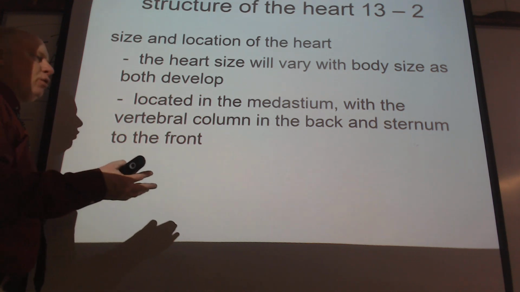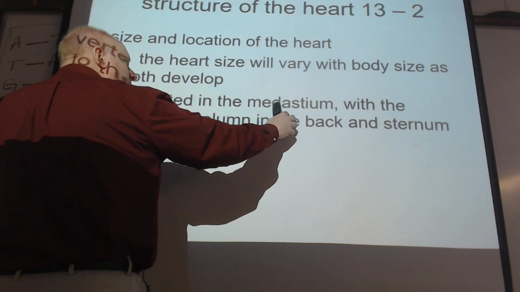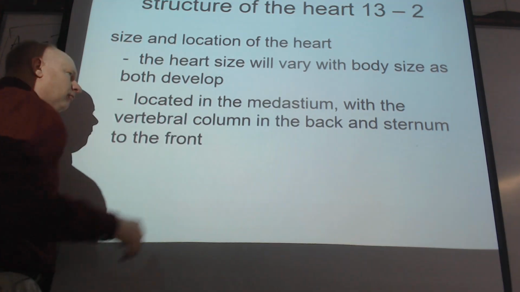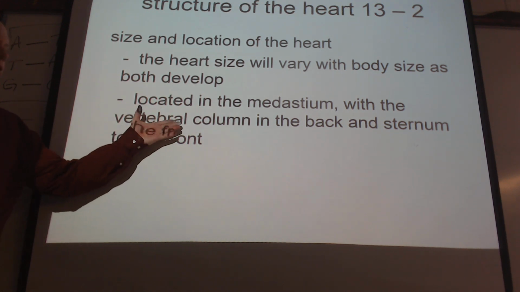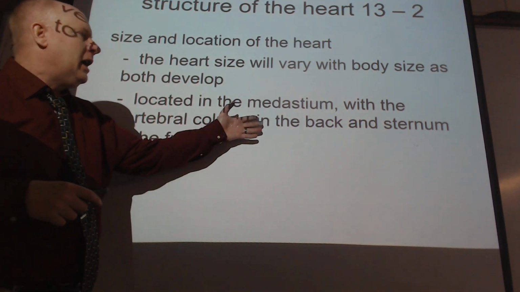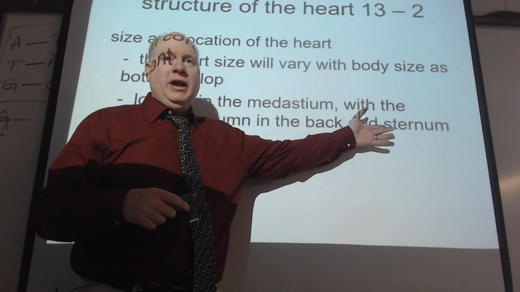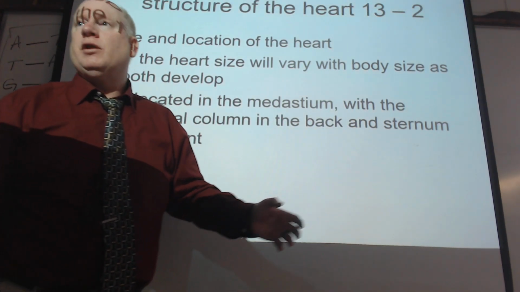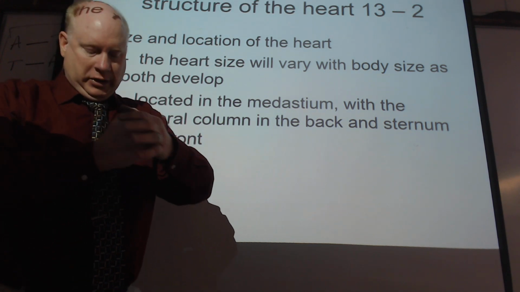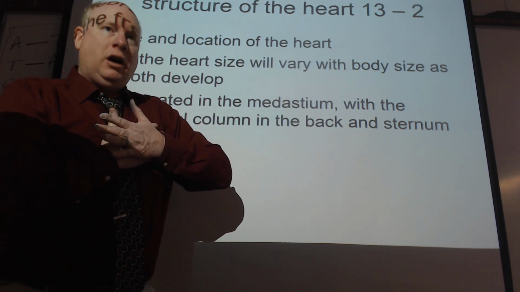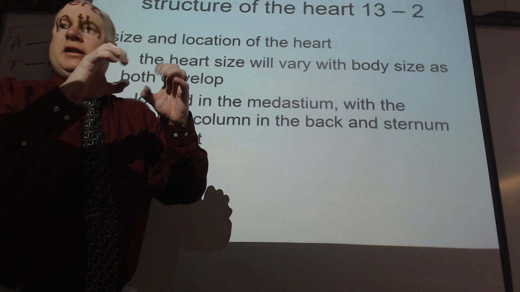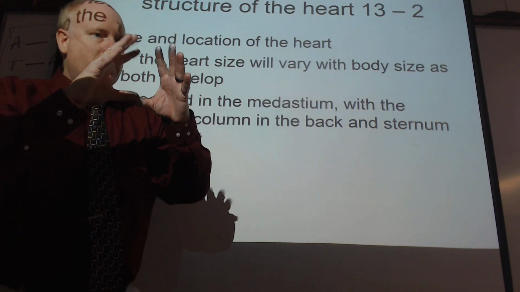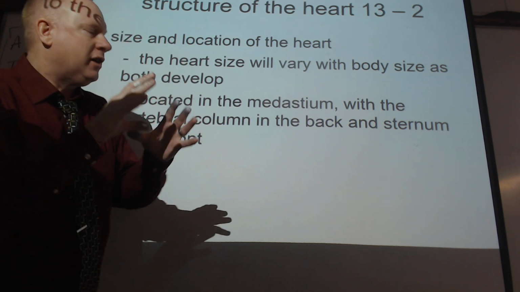Okay, so in between the lungs, the mediastinum, whichever way you want to say that, it's possible to do CPR because underneath the heart you have the vertebral column. On the top of the heart, you've got not all of the sternum, but a portion of it. So when you start to do chest compressions on the sternum, it's still causing the heart to contract, not on its own, but you're pushing it by doing CPR.